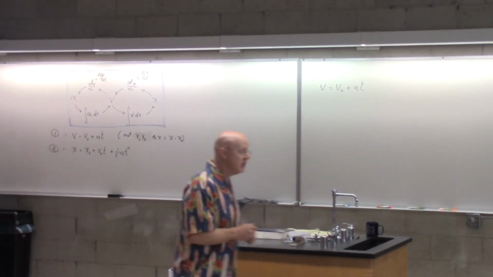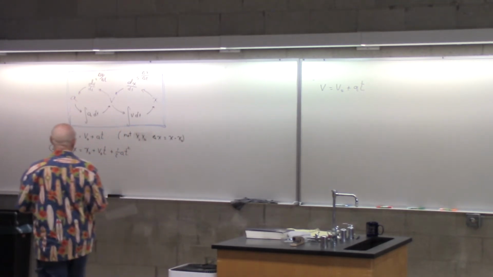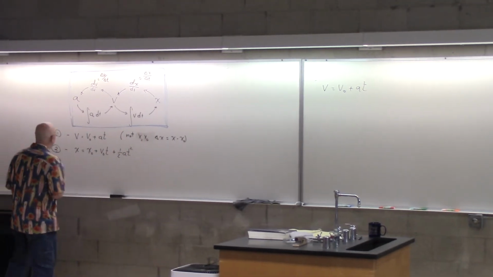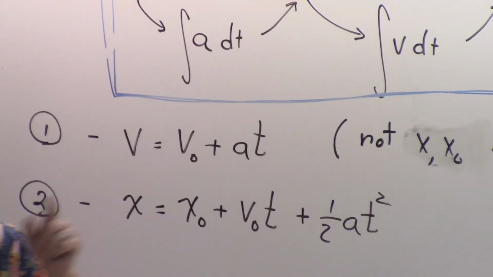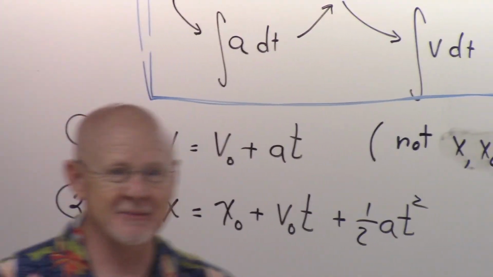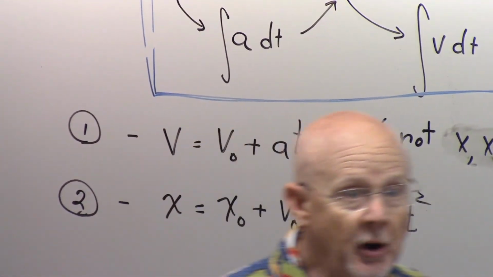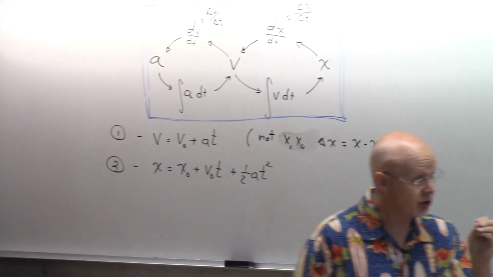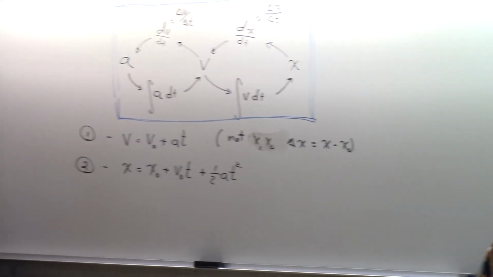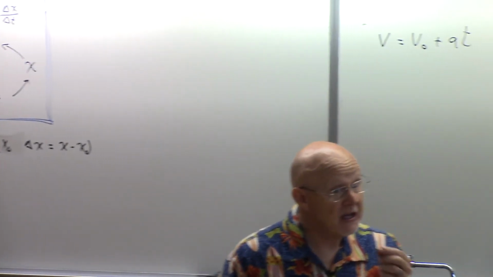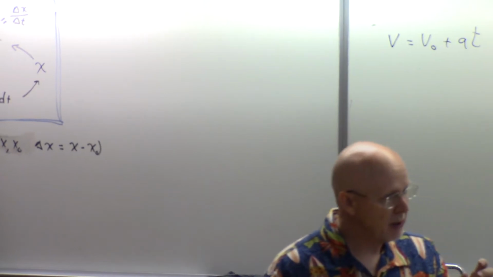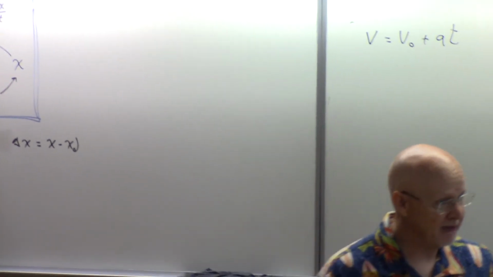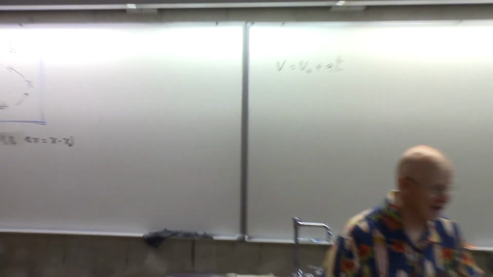You're going to see that there are 5 variables here. And we're going to come up with 5 equations. And each of those equations will be missing 1 variable. And so when you get a problem, focus first on, number 1, is it constant acceleration? Okay. Then if it is, focus on what parameter did they not give you and they're not looking for you to solve for?